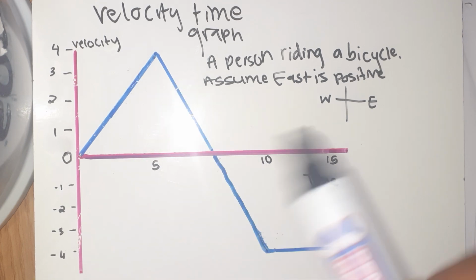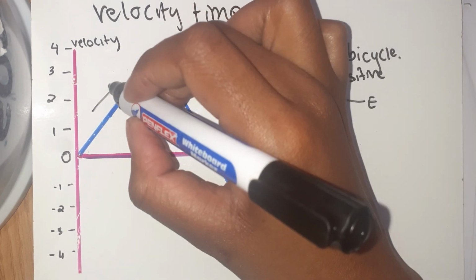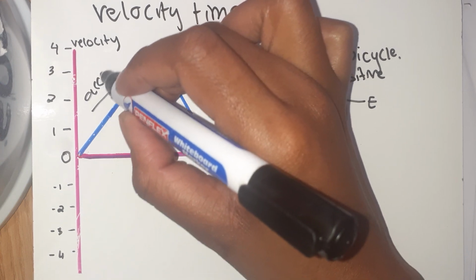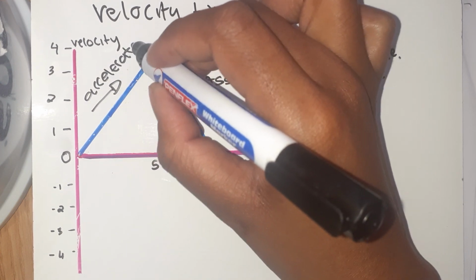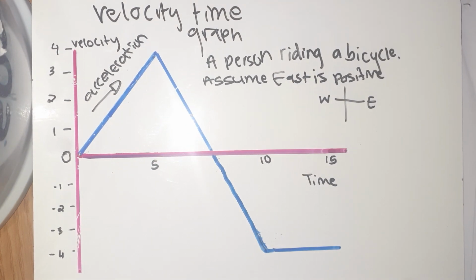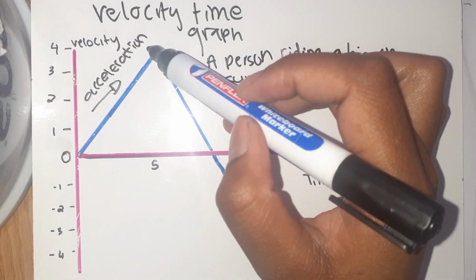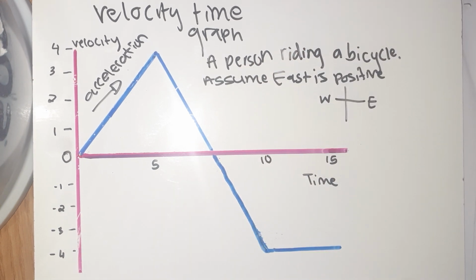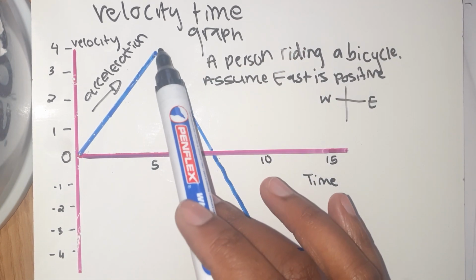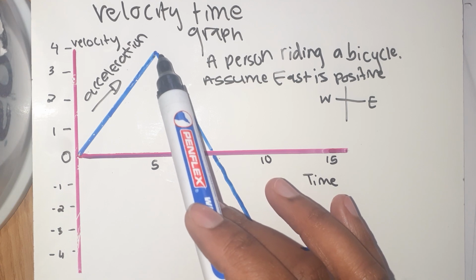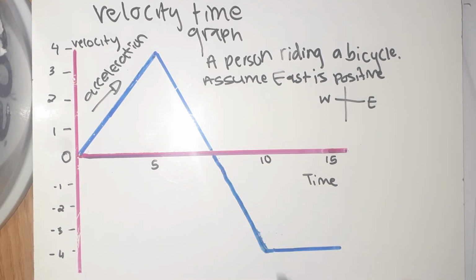He's accelerating now. So when they are going up, it's acceleration until they get to 4. So the acceleration rate is 4. And when they get to this point, they start decelerating.